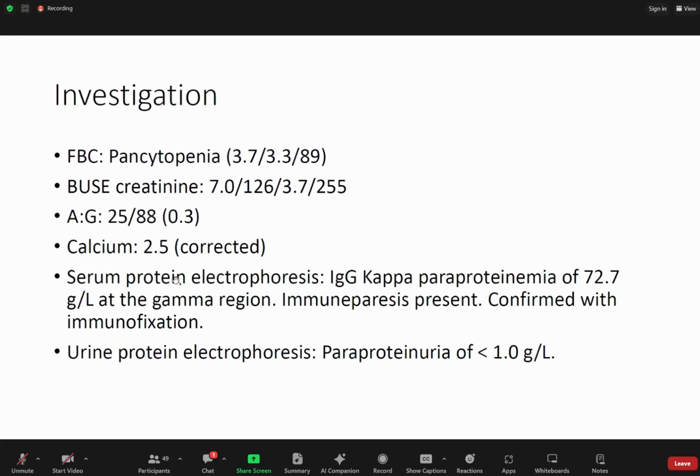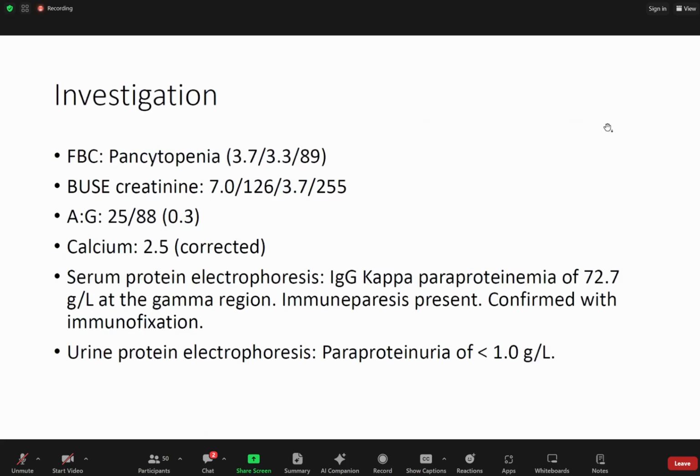Corrected calcium was borderline at 2.5. Later we will see the PBF. The serum protein electrophoresis shows presence of IgG kappa paraproteinemia of 72.7 grams.